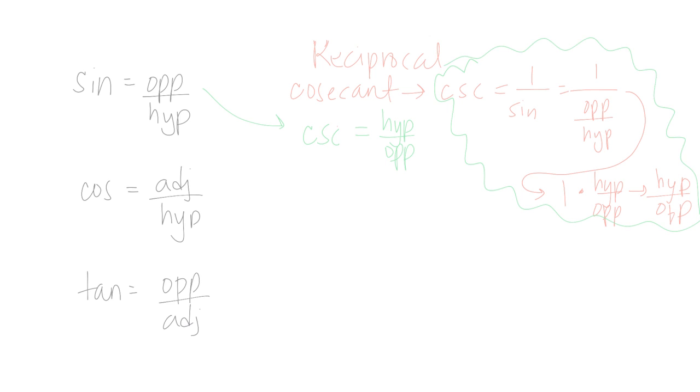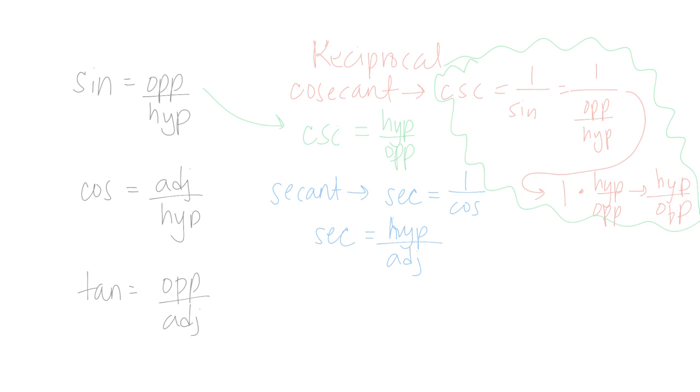But the reciprocal of cosine is secant, so that would be SEC when you abbreviate. And again, that's 1 over cosine, which means that secant equals hypotenuse over adjacent.